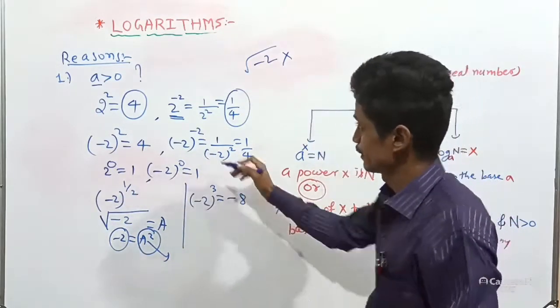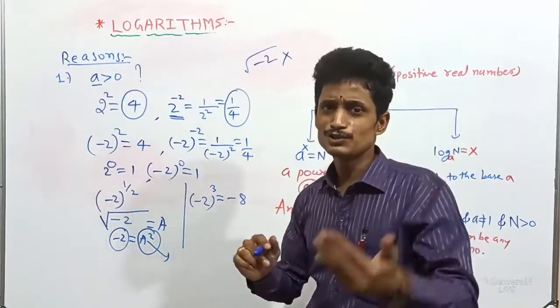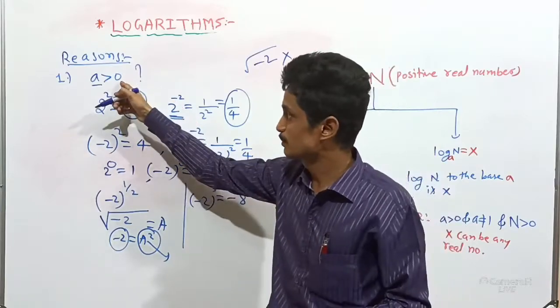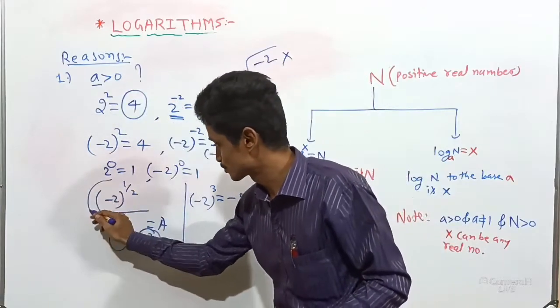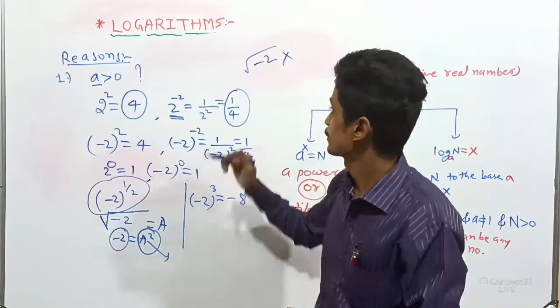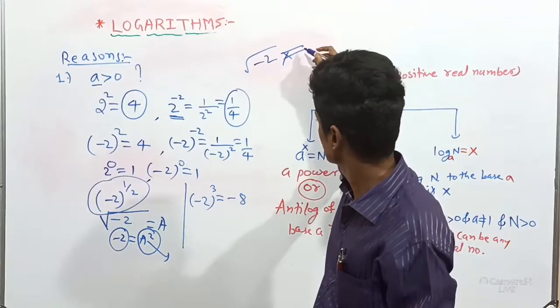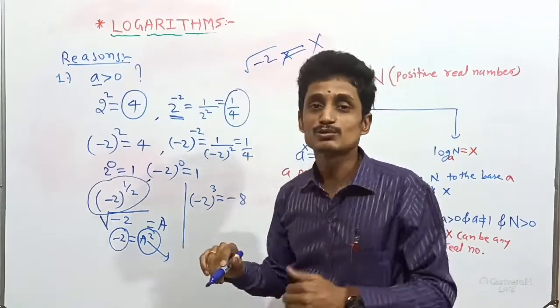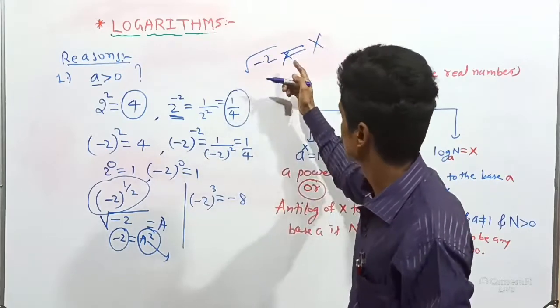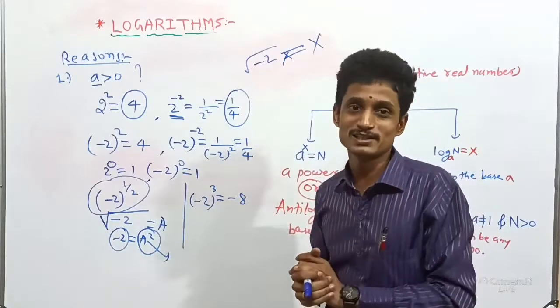That's why we avoided exponential representation for negative real numbers. That's why we restricted a to always be a positive number. Once you get the question of why a will not be 0, just look at this in index form: minus 2 whole power 1 by 2. Minus 2 whole power 1 by 2 is nothing but a square root. The square root of a negative quantity we will never get in our real numbers. These numbers are called complex numbers.